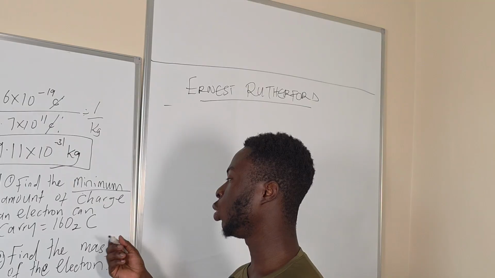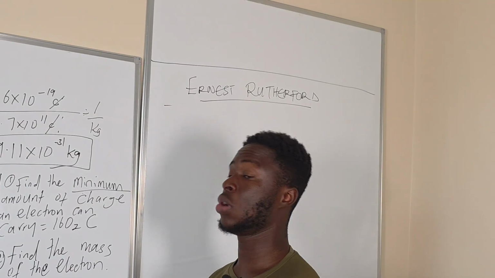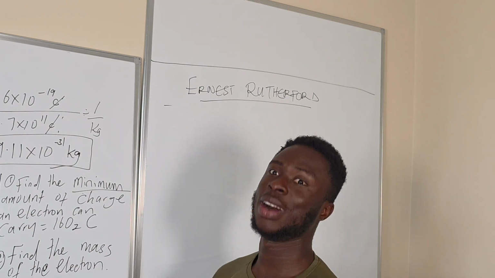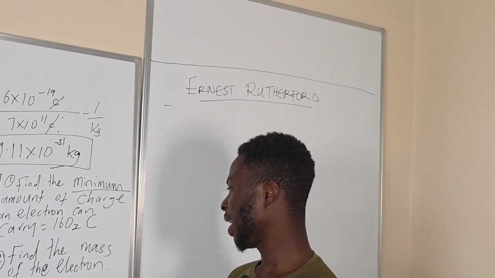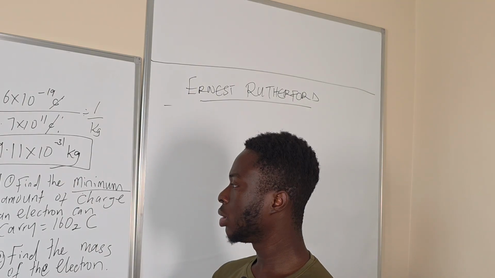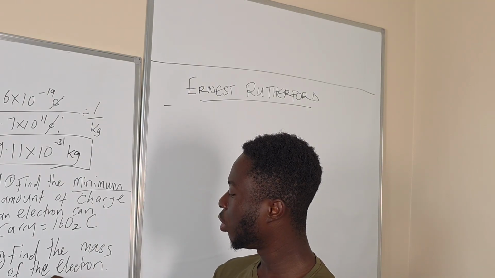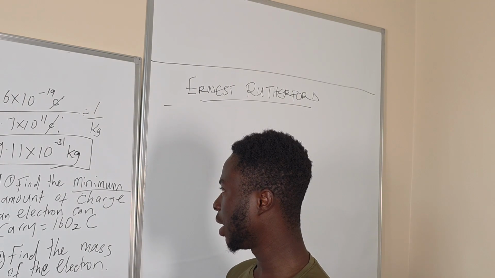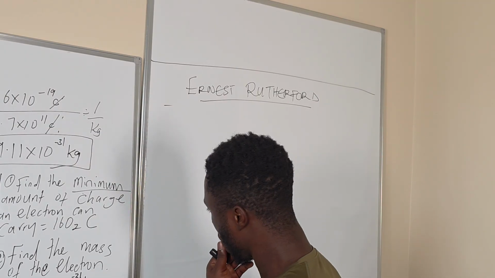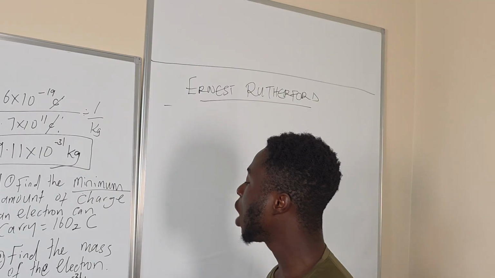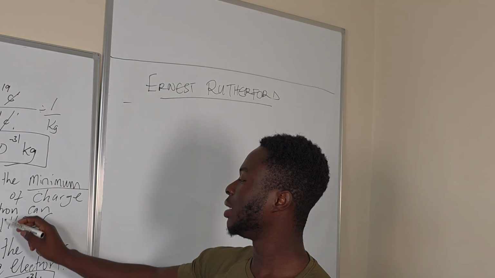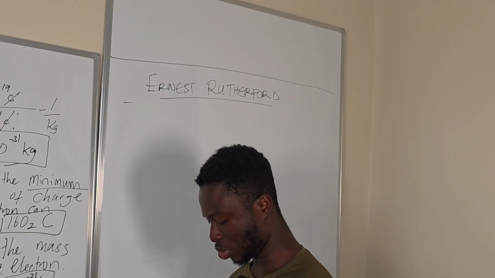Put 160 zeptocoulombs in your head, or you can put 1.6 times 10 raised to the power negative 19 coulombs. And then they found the mass of an electron to be 9.11 times 10 to the power negative 31 kilograms. So now we do have these two fundamental quantities that we have come across.